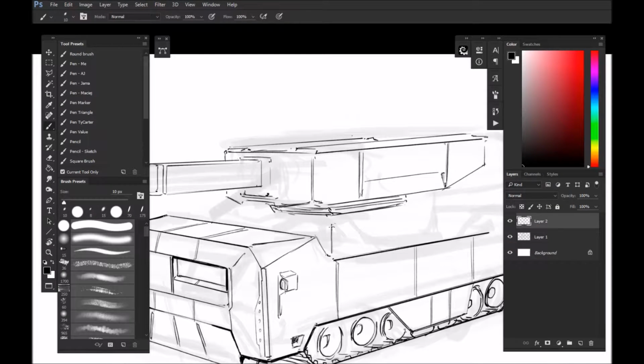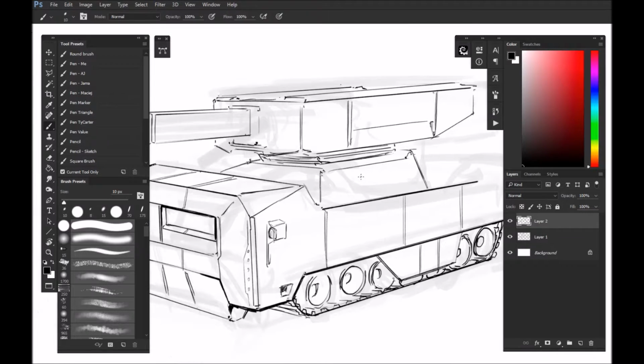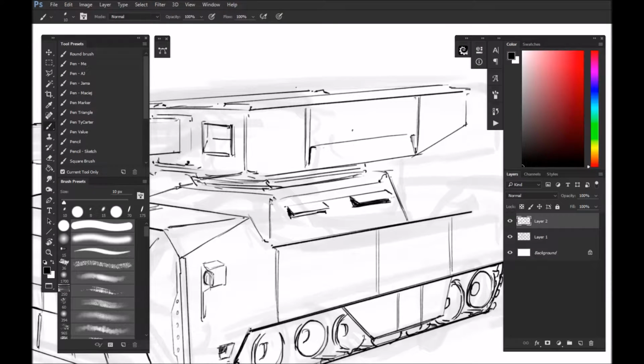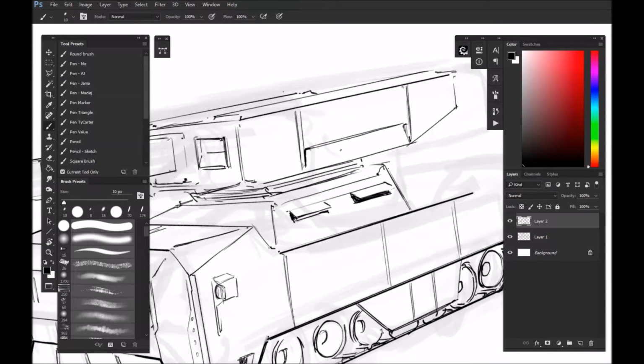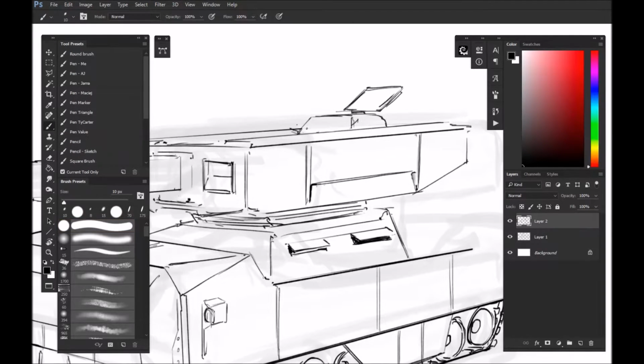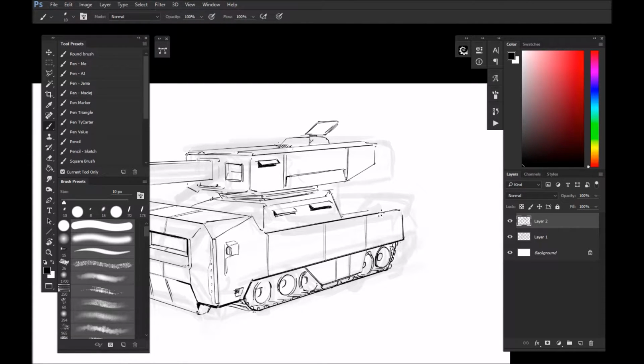The reason why I'm sketching another tank, even though I have a couple of videos in the past about a sci-fi tank as well, is because, to be completely honest with you, that tank wasn't great. The final piece was a very bad piece. I spent a lot of time on that. I was getting sick of looking at that piece, but even when I finished it and thought that I was happy, I looked at the piece the next day and it was awful to my eyes.